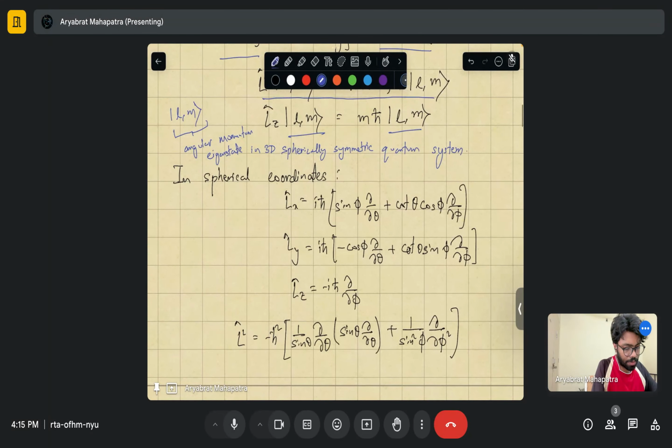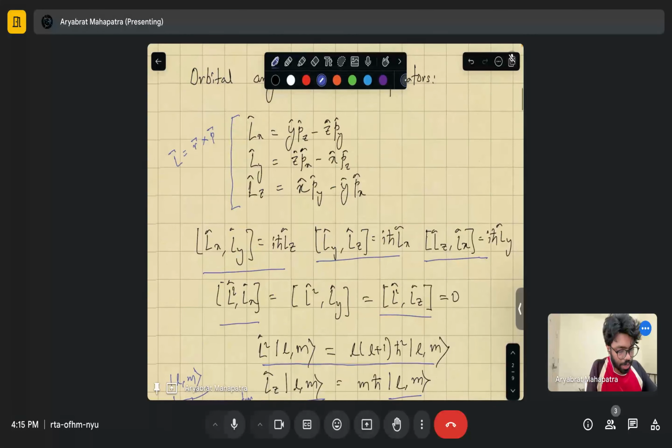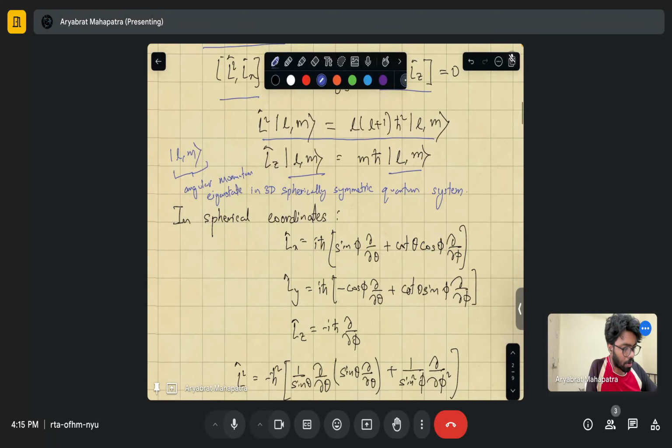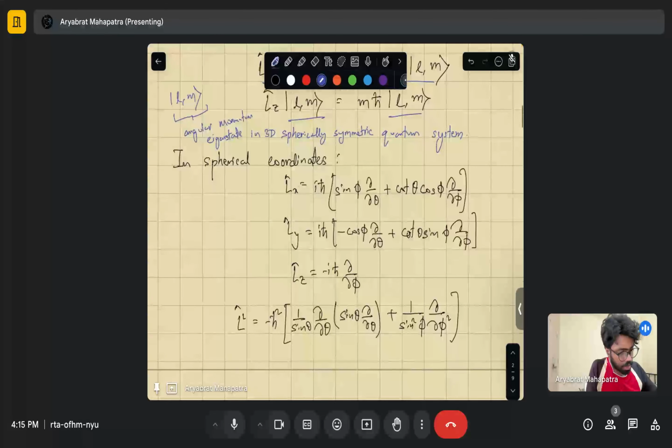Now we can express these Lx, Ly, Lz operators, like I was showing at the beginning. That is the generic way we write Lx, Ly, Lz. But if we write in terms of spherical coordinates, this is the form it would take. I have given this right here.